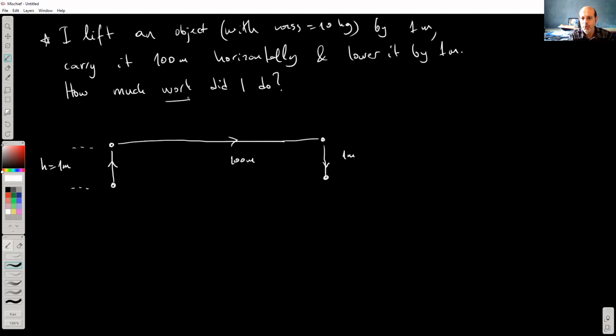Why do I ask this question? I would like to compare this concept of work with the everyday use of the word work, right? Because this is a word that we use in our everyday life. And when we use it, we actually mean something else.